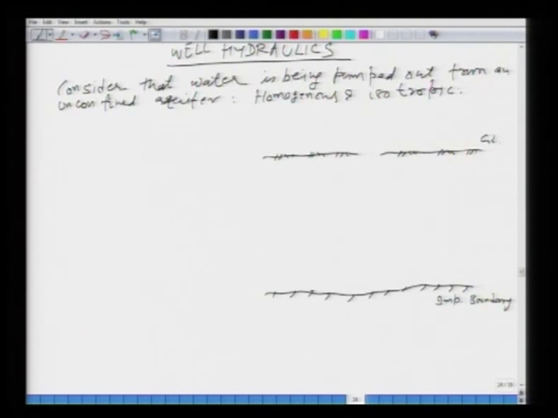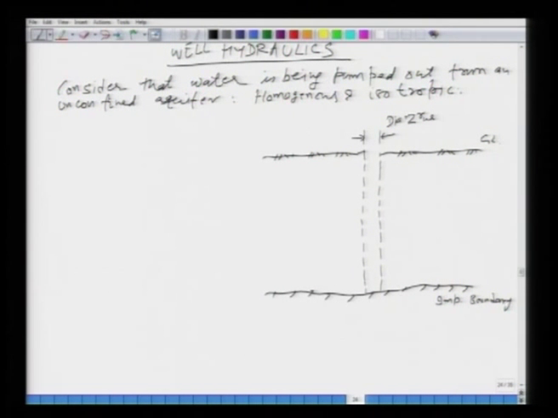Let us say we are pumping water through this well. So, this is your well, and let us say the well has a diameter of 2 RW. So, RW is essentially the radius of the well.